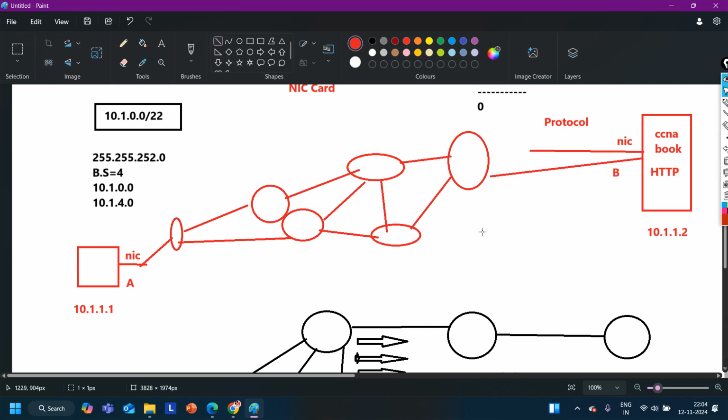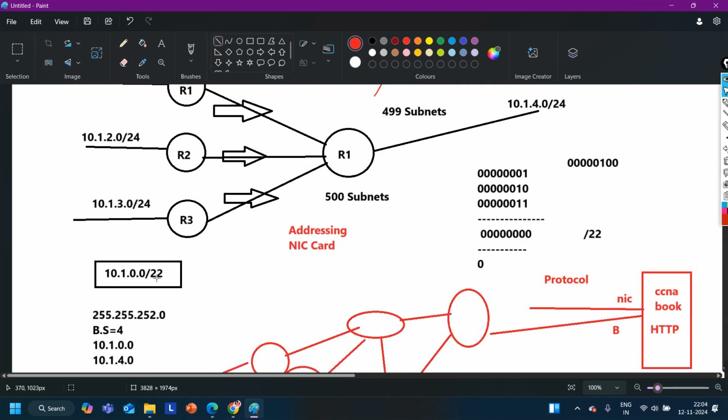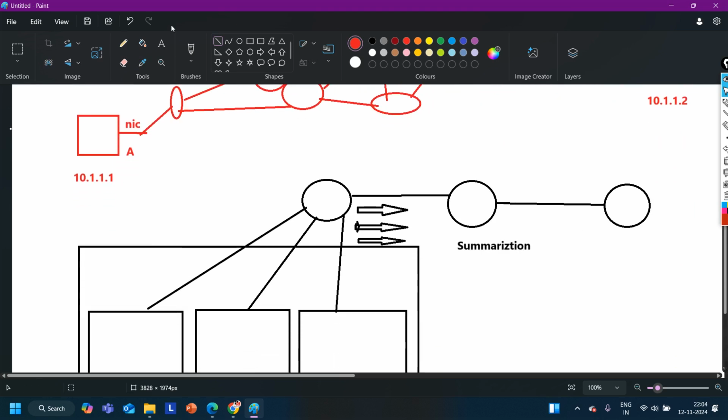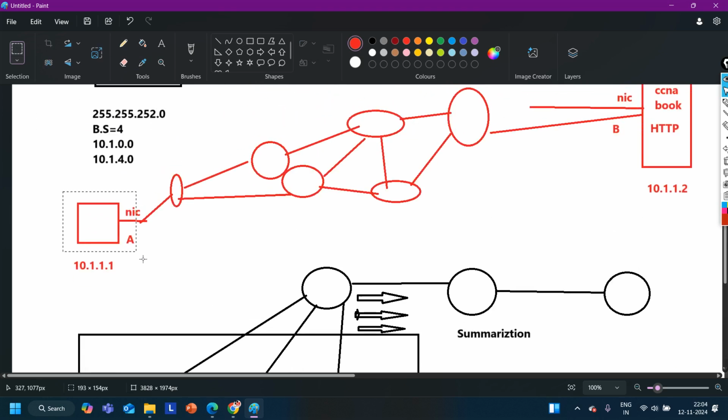So make sure, bro, you are first clear with the addressing and where we configure it. In the next class I am going to teach you about the protocol, the rules. What rules will the machine use by default to forward any message?